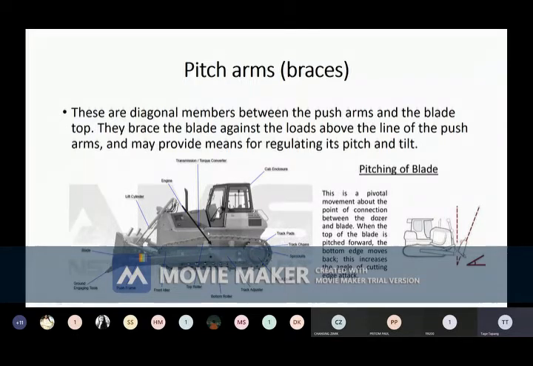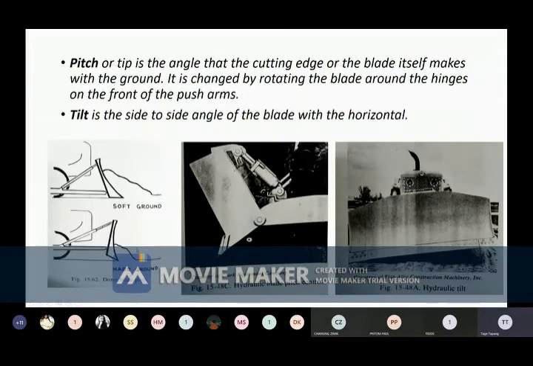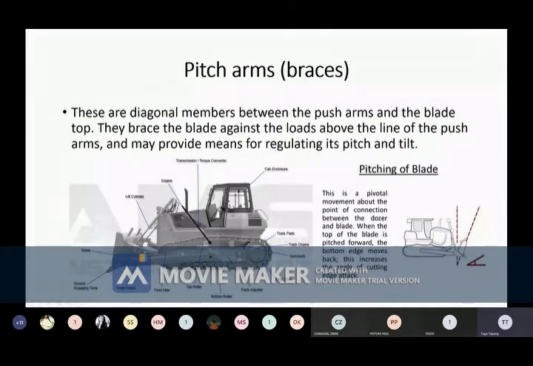You see this arrow, this portion is your pitch arm. You can see the hydraulic cylinder, pitch arm. There is one more pitch arm on the other side. So there are two sets of pitch arms. You see how they are working, we will see.